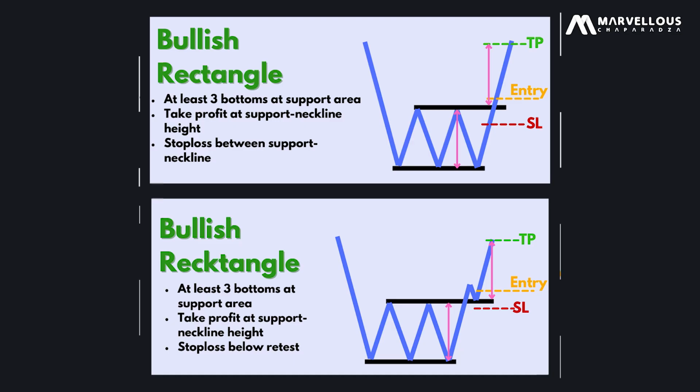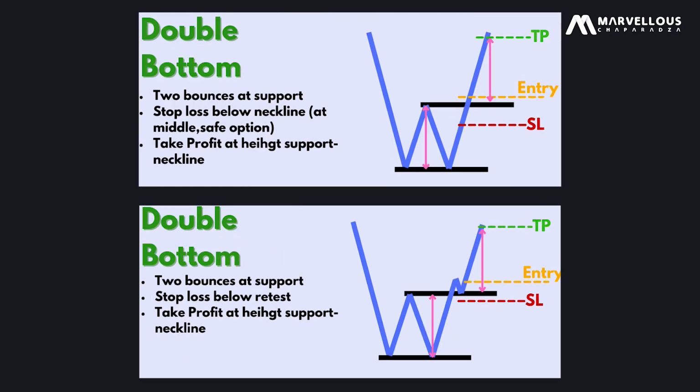A similar pattern which also occurs in both bearish and bullish markets, except it only forms either double tops or double bottoms, is called the double top or the double bottom. Alright, so let's look into the double bottom. When the bearish market stops forming lower lows and forms a low which is almost in a horizontal line with the last low, we form what we call a double bottom.